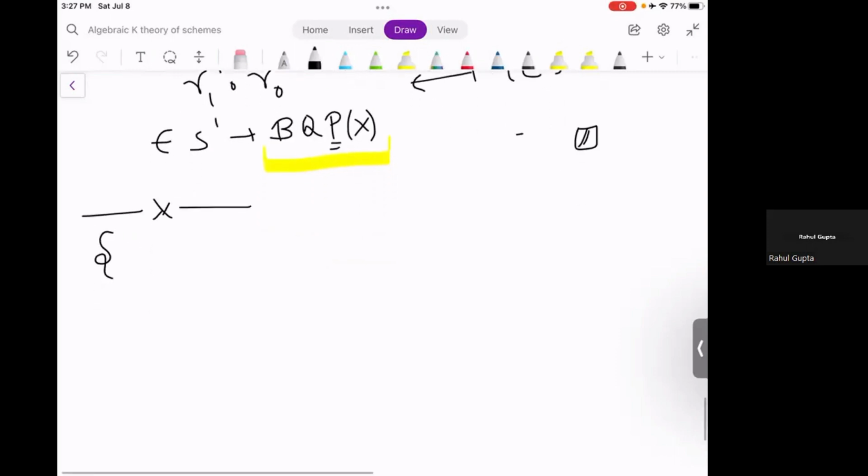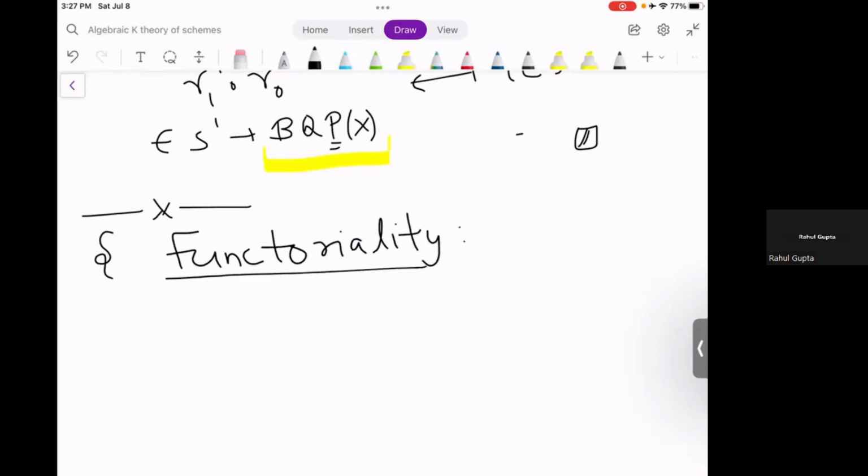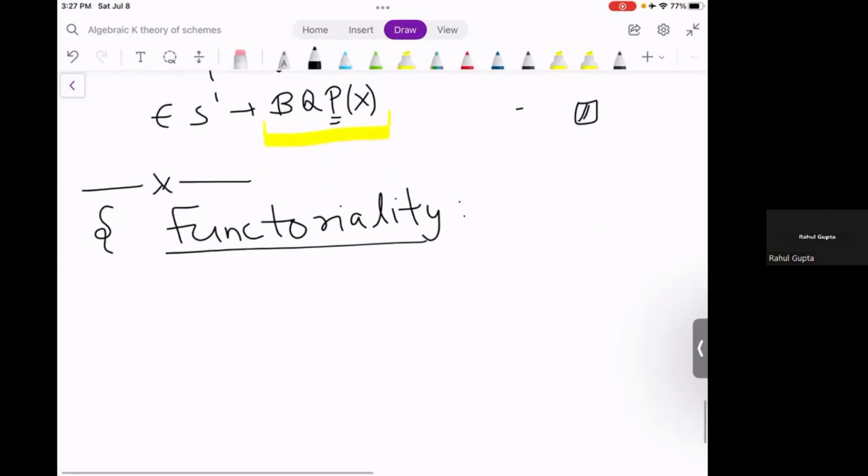Okay. So let me move to the next section, which is functoriality of these groups, basically. We have given some groups associated to a scheme, and we want to know what happens when we take a morphism of schemes. So what happens to these groups, right? Let me write two kinds of statements, and we will try to justify these statements in the next half an hour or so.